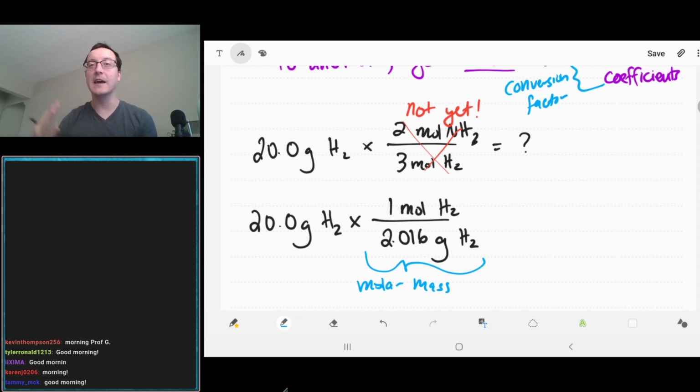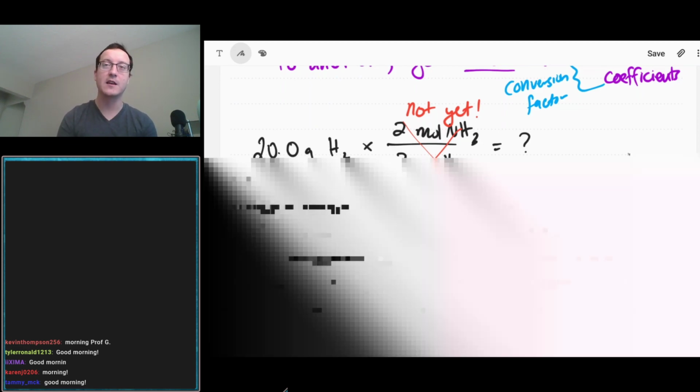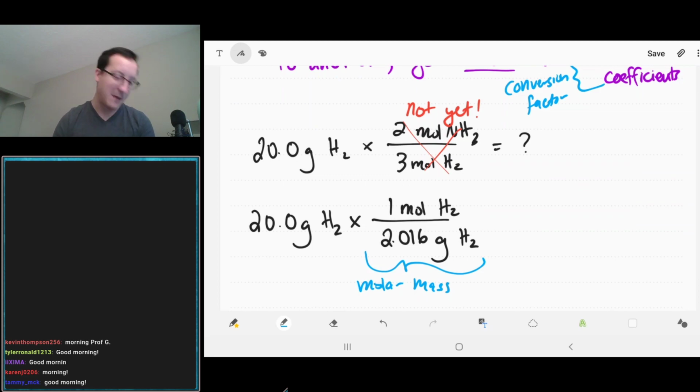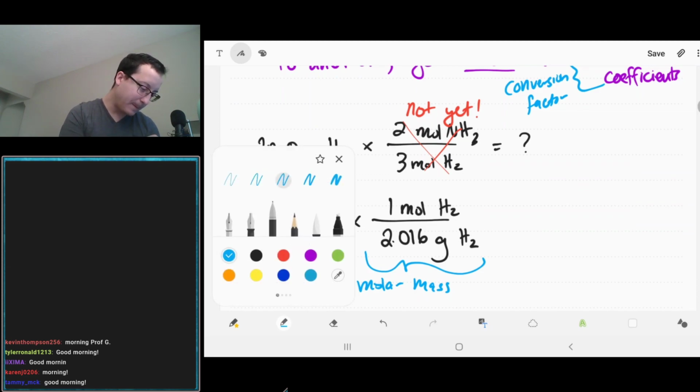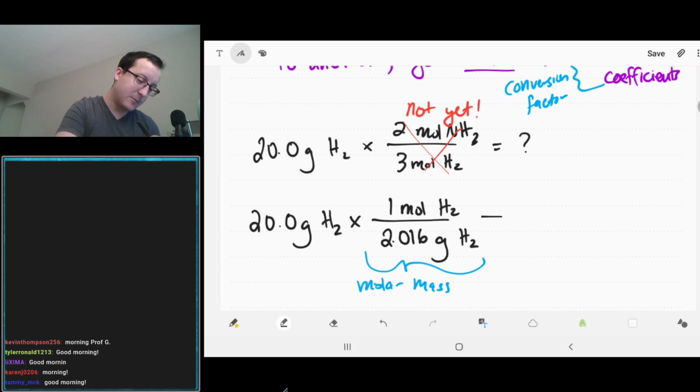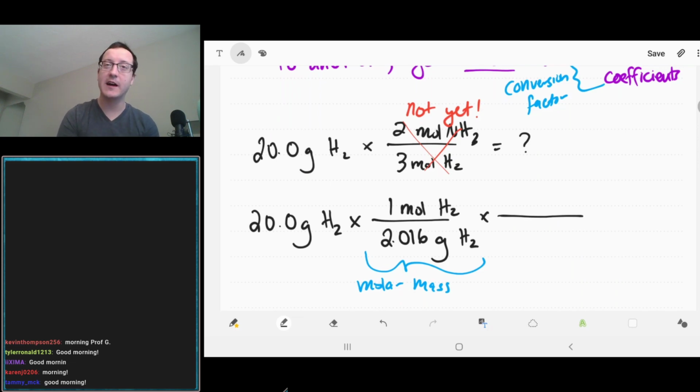That's, again, from the periodic table, we found out what hydrogen's was. We multiplied it by 2 because there's 2 hydrogens in this case. And that is going to be the molar mass of the hydrogen. Alrighty, and so now that we have moles of hydrogen, we've converted our units. Now we can throw in that conversion factor using the reaction coefficients.